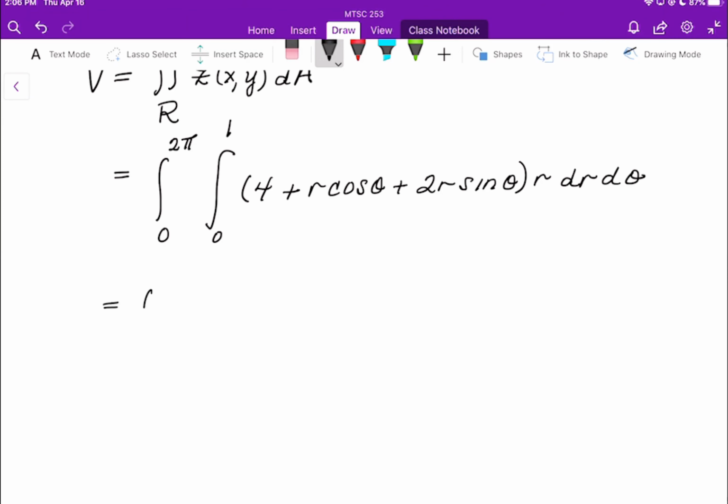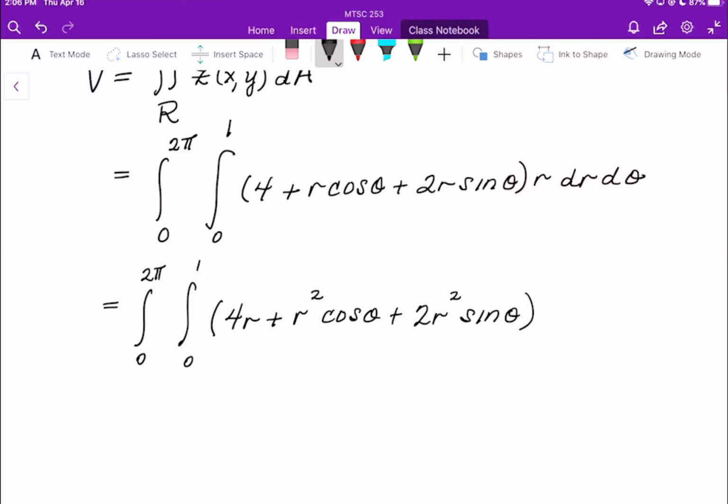So this is the integral between 0 and 2 pi, the integral between 0 and 1. I'm going to get 4r plus r squared cosine theta plus 2r squared sine theta dr d theta.